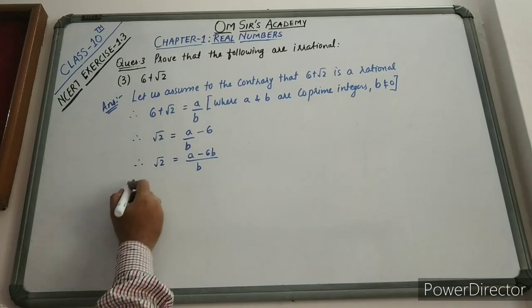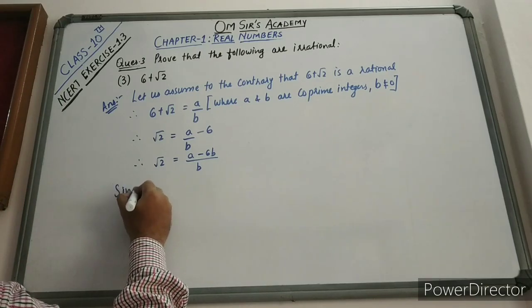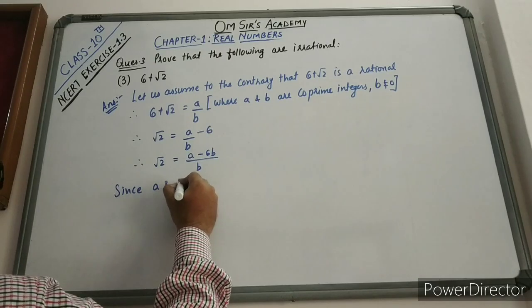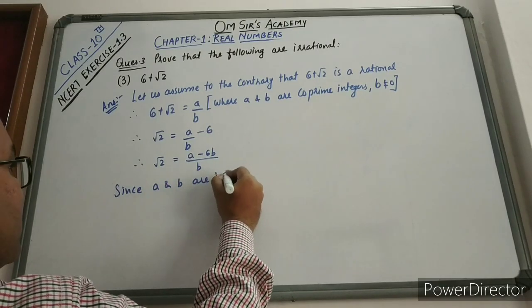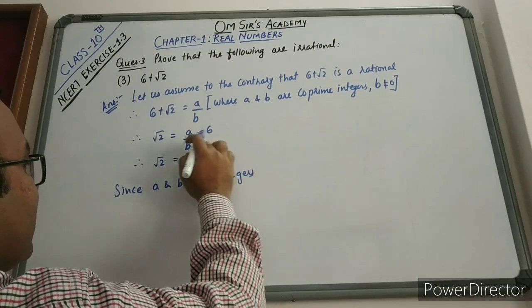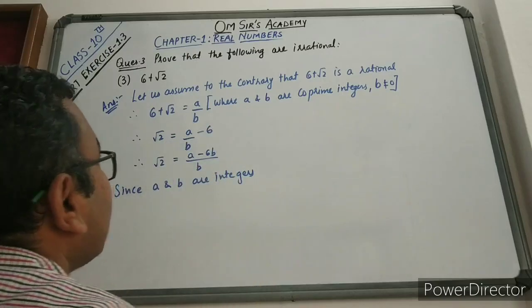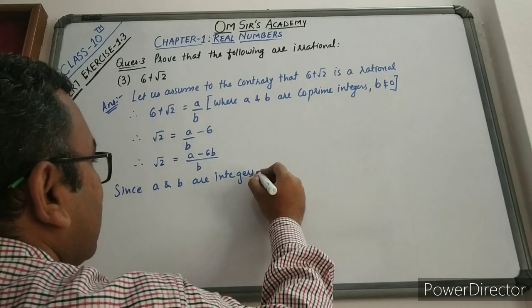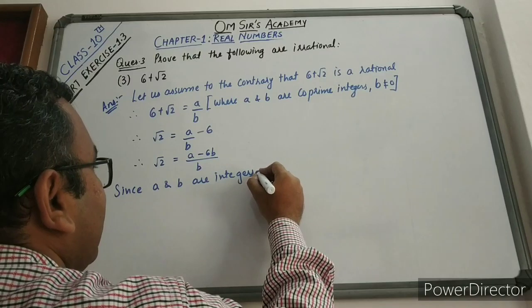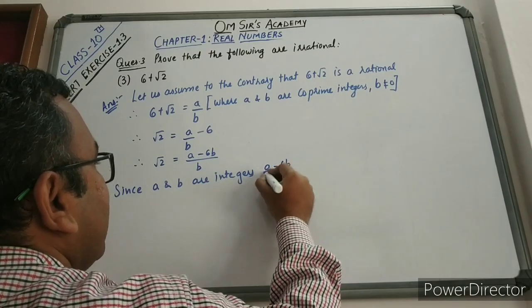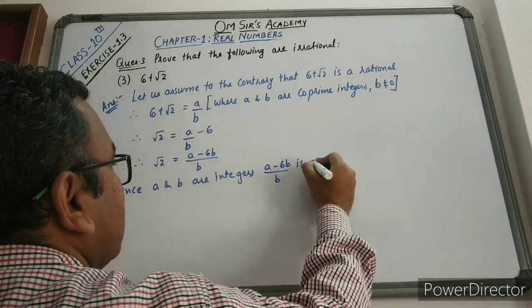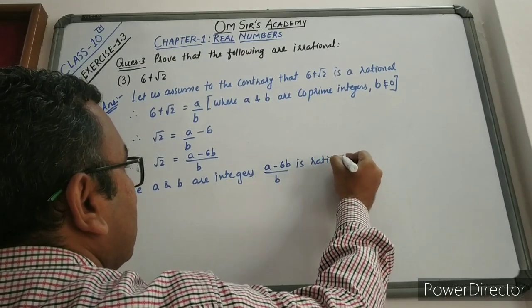Is it clear? So therefore, since A and B are integers, A and B are integers, what will this whole term be? It will be rational. So since A and B are integers, A minus 6B upon B is a rational.